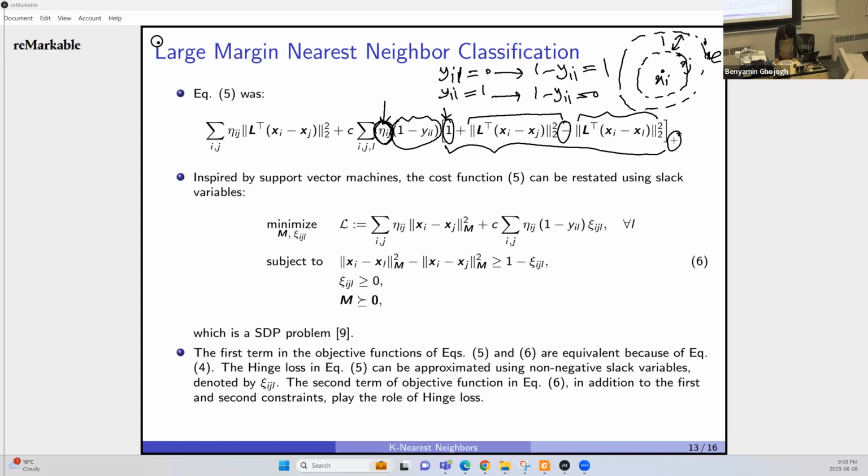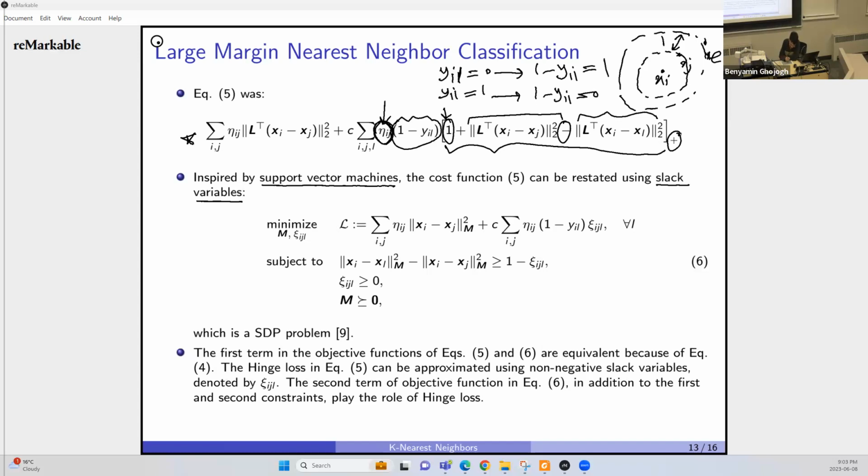Okay? Now we can restate what we have, this cost function, using slack variables inspired by what we had in support vector machines. You remember zetas that we had in SVM? Inspired by that, we can restate equation 5 to equation 6.